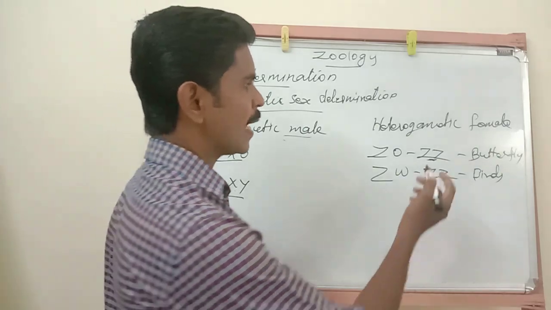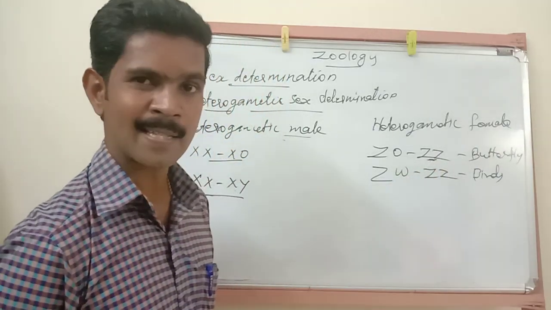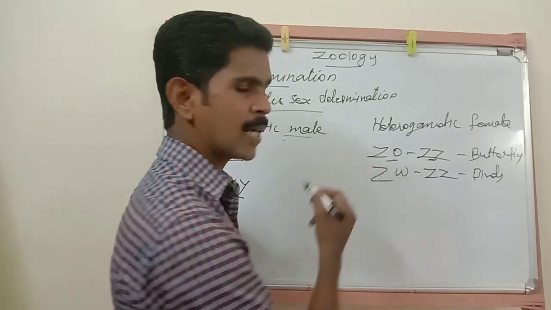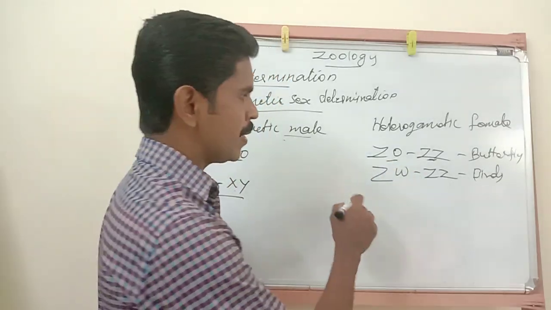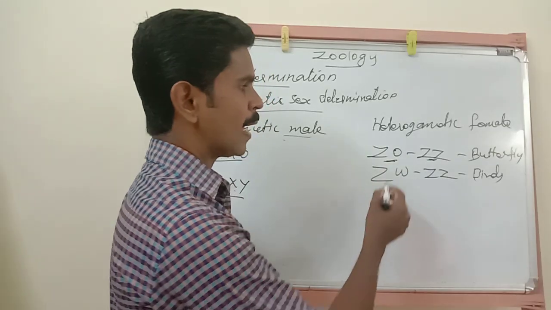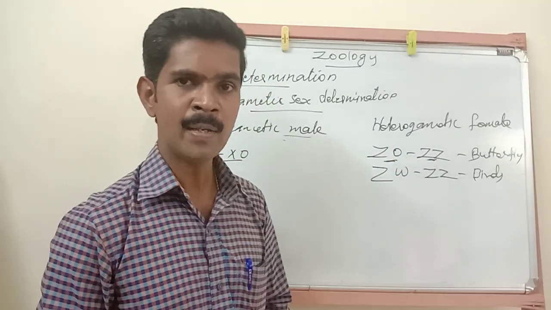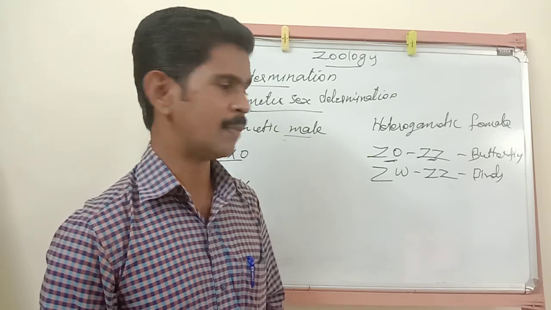That sperm is carrying which chromosome? Z chromosome. But the female produces two types of eggs. In some eggs the Z chromosome is there, and in some eggs there is no Z chromosome, the absence of Z chromosome. So listen very carefully.